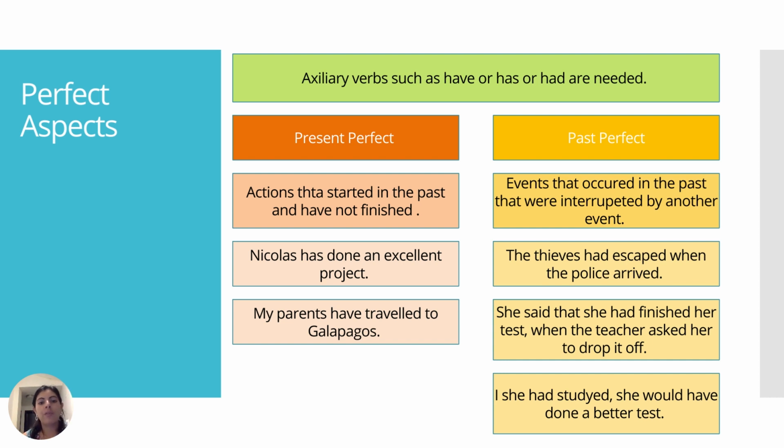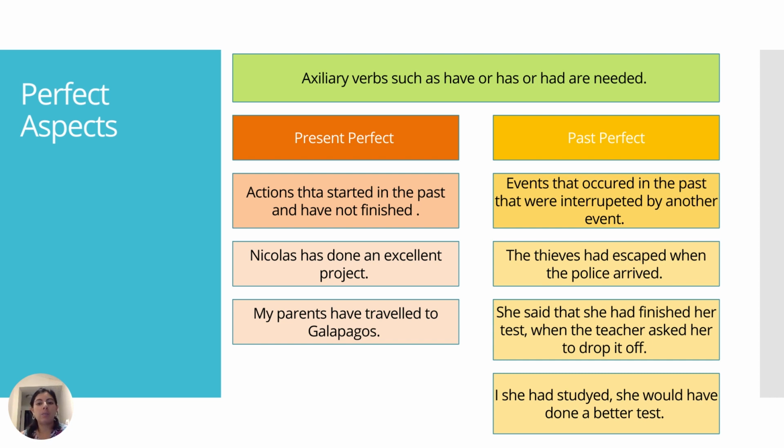My parents have traveled to Galapagos. It's also the present perfect. We have here the auxiliary have because we are talking about the plural. My parents have traveled to Galapagos, and maybe on another opportunity they are going to travel again.